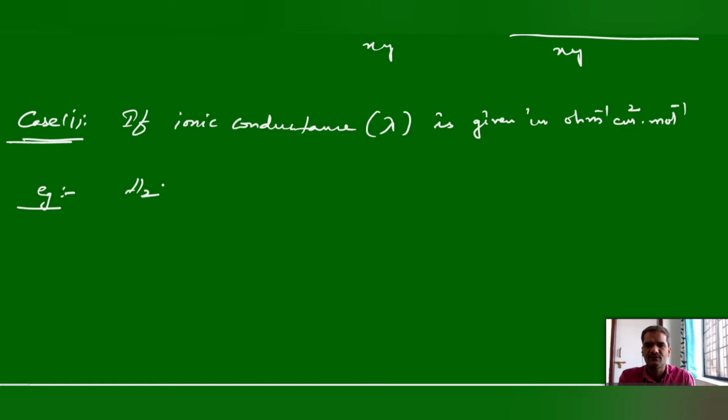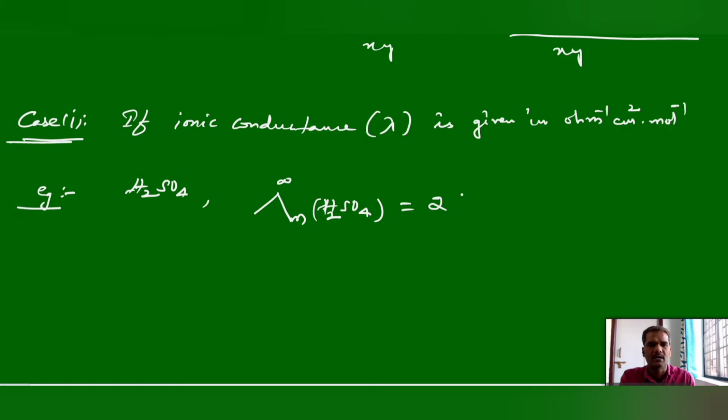Take H2SO4, for example. We want to calculate the molar conductance of H2SO4 at infinite dilution. Then the molar conductance for H2SO4 at infinite dilution is equal to the sum of the ionic conductances of all the ions.